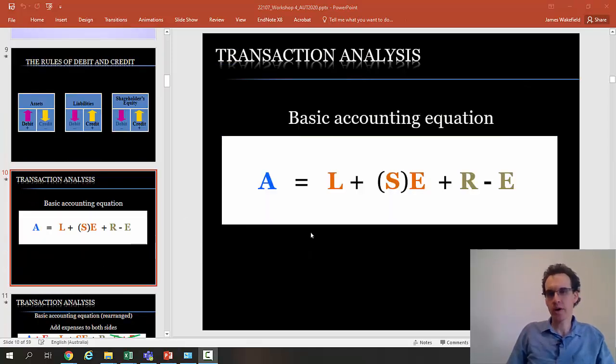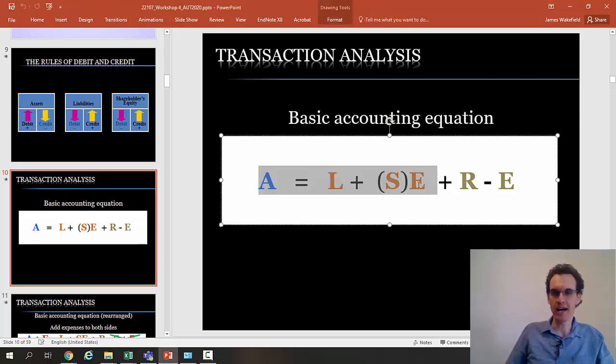So if we look at this equation here, this is the basic accounting equation that I showed you last week. There's nothing new here. We're not changing it in any way. So assets equal liabilities plus shareholders' equity. Now, as part of shareholders' equity, I assumed last week that revenues increased that equity and expenses decreased that equity.